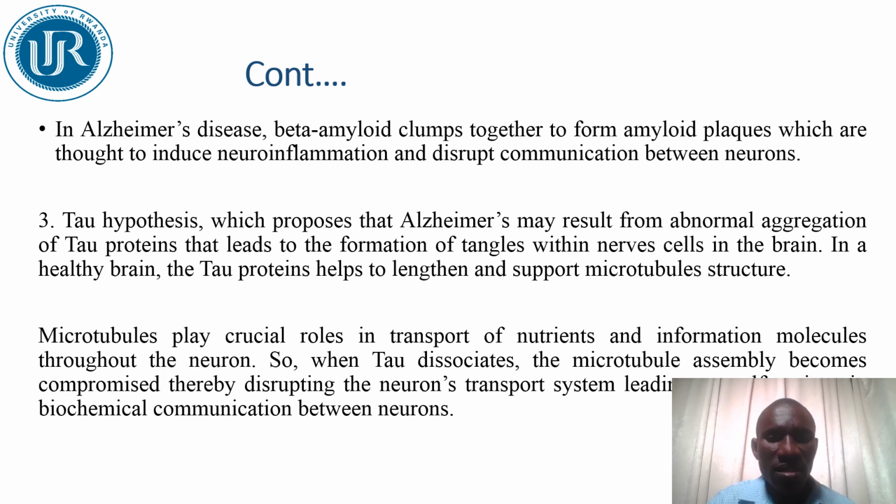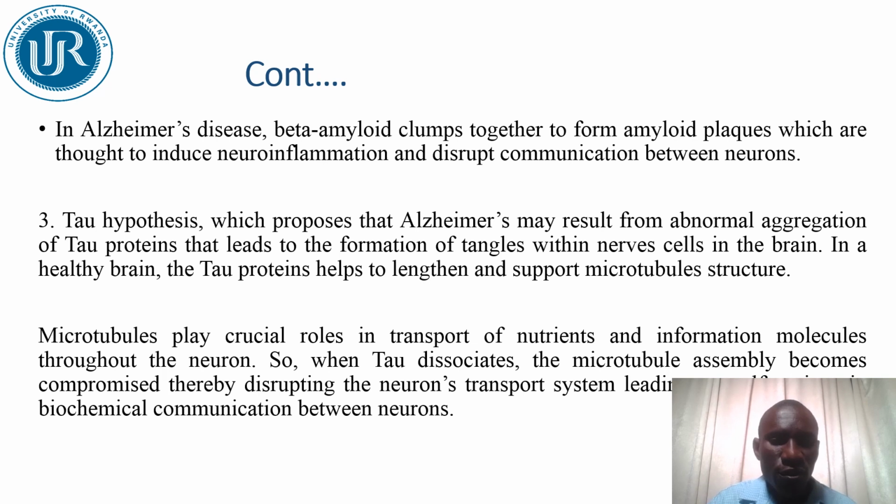Another hypothesis is the tau hypothesis, which proposes that Alzheimer's may result from abnormal aggregation of tau proteins that leads to the formation of tangles within nerve cells in the brain. In a healthy brain, the tau protein helps to lengthen and support microtubule structure.